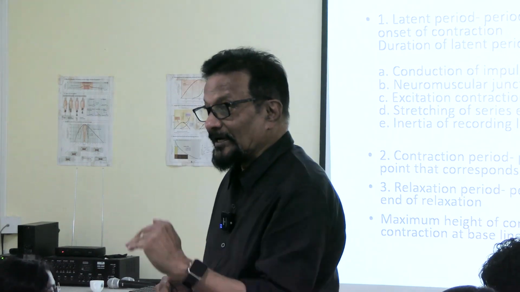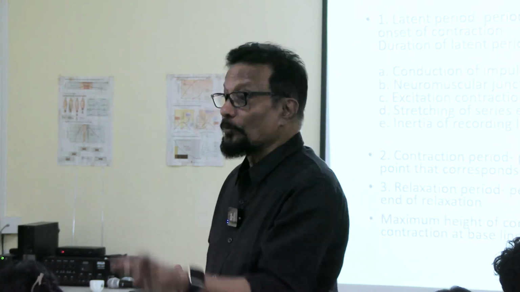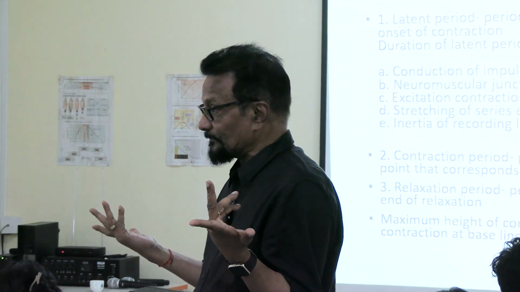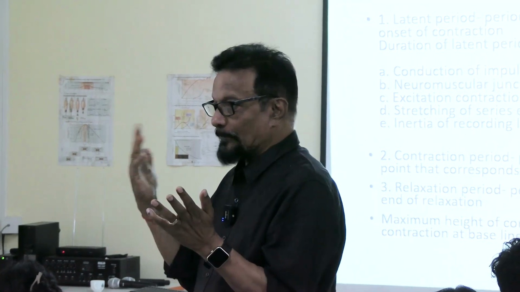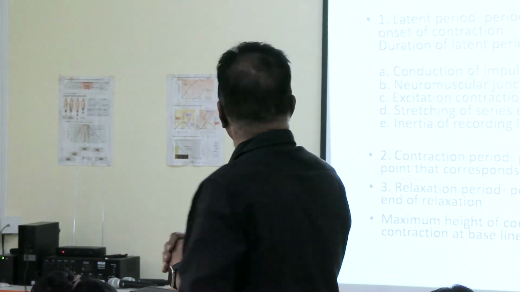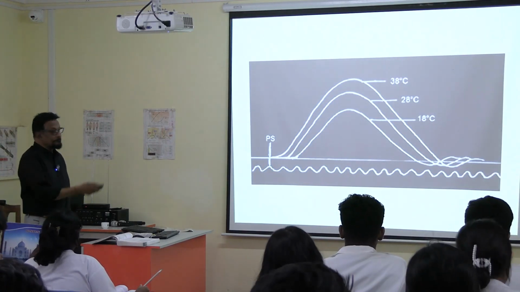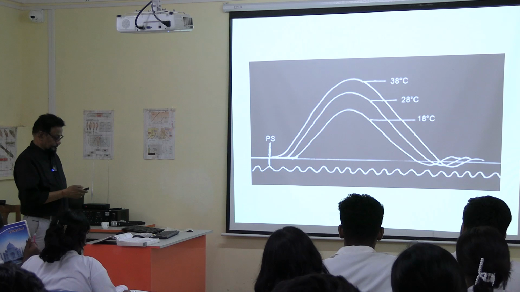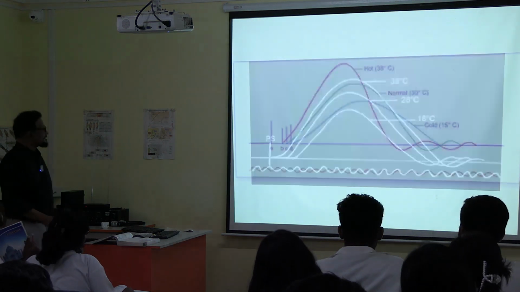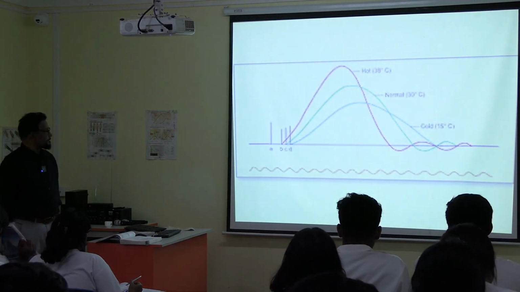So we measure these four values in three different conditions. Then we compare whether it is increased or decreased with 40 degrees temperature. You can calculate this also from here. This is the ideal one. This is not the ideal one.